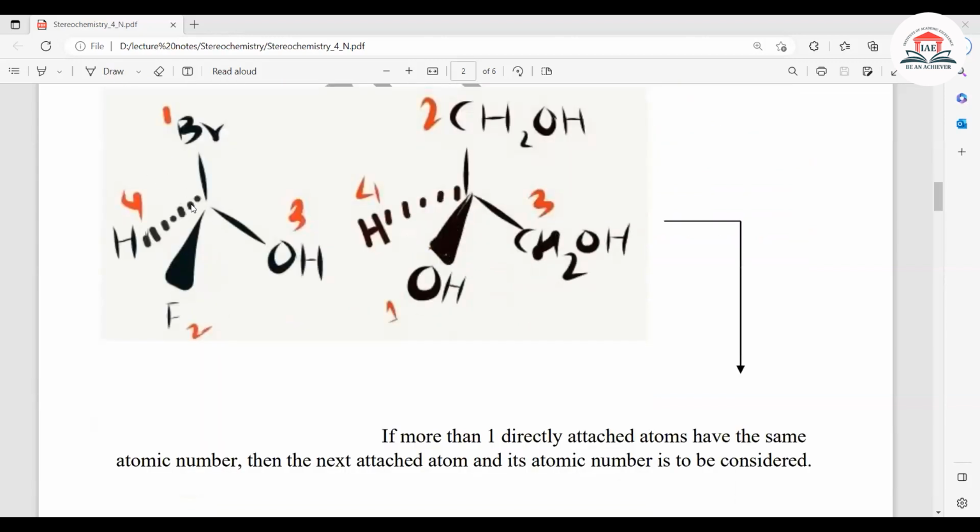First one, যার অ্যাটমিক নাম্বার বেশি, ডাইরেক্টলি অ্যাটাচড অ্যাটমটাকে দেখতে হবে, আর যার অ্যাটমিক নাম্বার বেশি তার প্রায়োরিটি বেশি। তো ইন বিটুইন অল দিস অ্যাটমস, ব্রোমিন, ফ্লুরিন, OH, O and H, obviously কার অ্যাটমিক নাম্বার সব থেকে বেশি? ব্রোমিন। So this one gets the first priority. Then out of fluorine and oxygen, okay, we are not looking at OH, we are only looking at oxygen which is directly attached. Okay, so between oxygen and fluorine, which has greater atomic number?